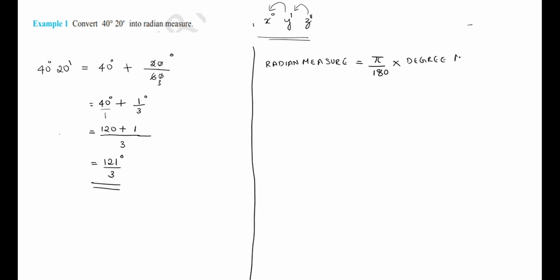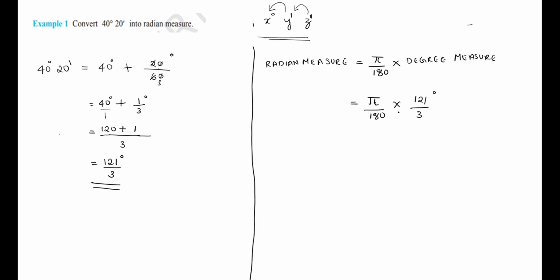So the radian measure is obtained by multiplying pi by 180 into the degree measure, which is 121 by 3 degree.